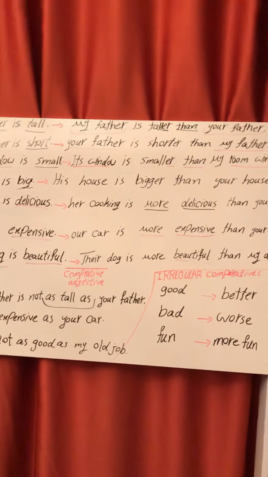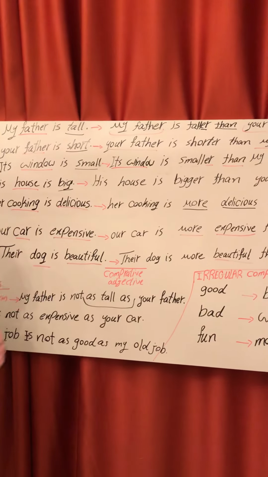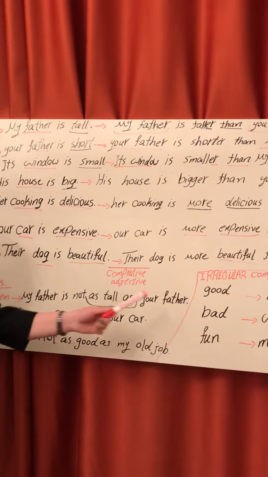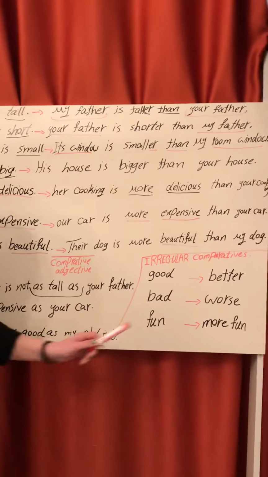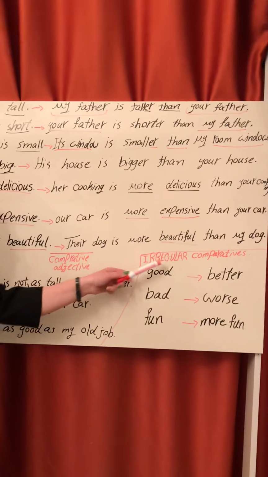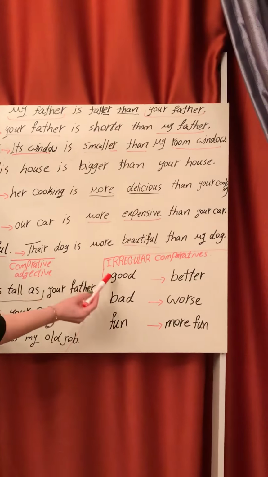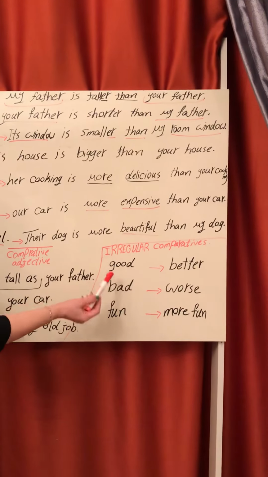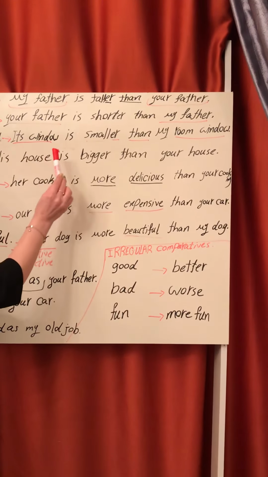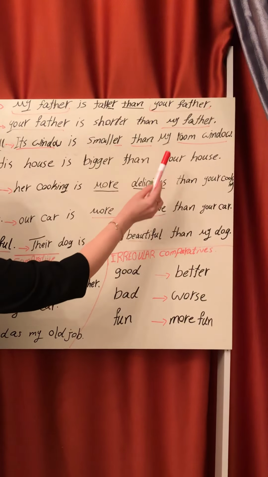Okay, now we wanna say something like good, bad, fun. We have these irregular comparative adjectives. For example, we don't say gooder. His house is gooder than my house.